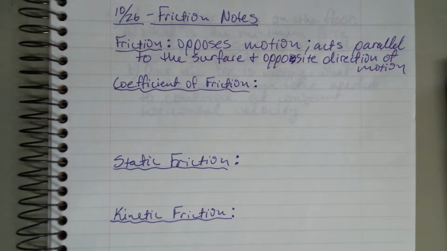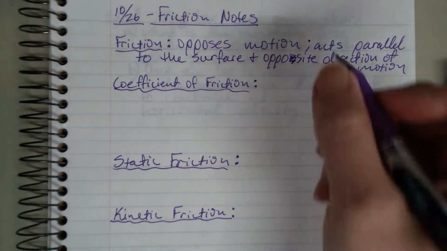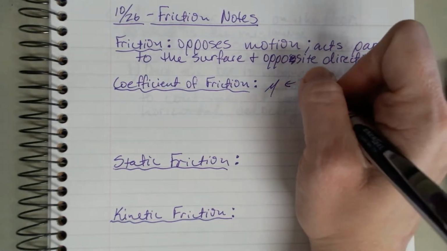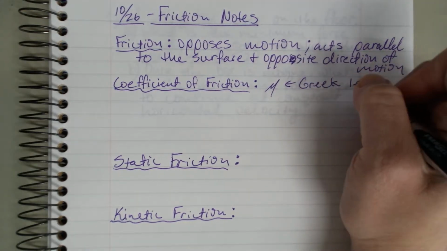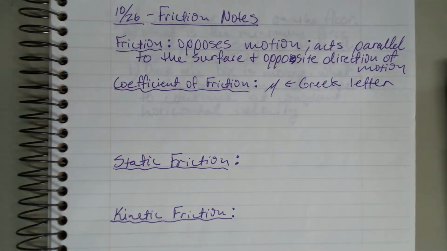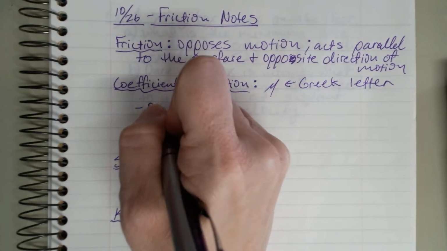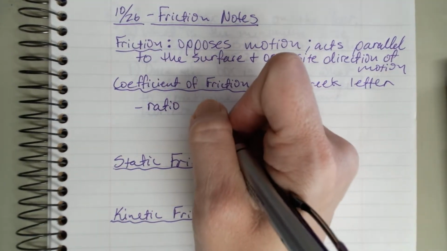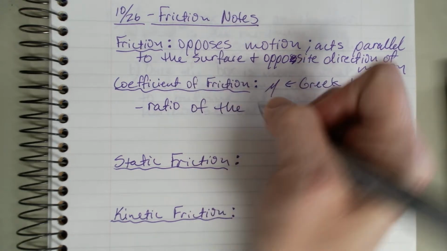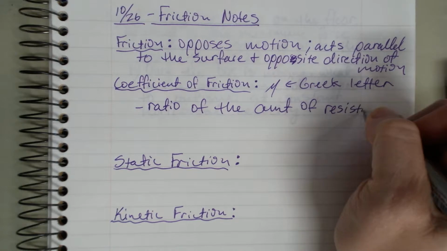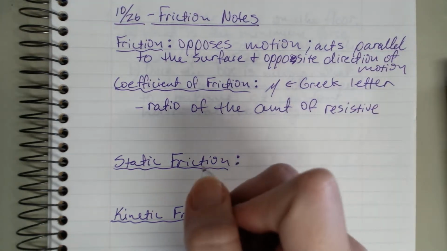Okay. All right, and then we have this thing called the coefficient of friction. Coefficient of friction is a constant, and it has a weird little Greek letter, mu. This is the Greek letter mu, the symbol for the coefficient of friction. This is a ratio of the amount of resistive force.